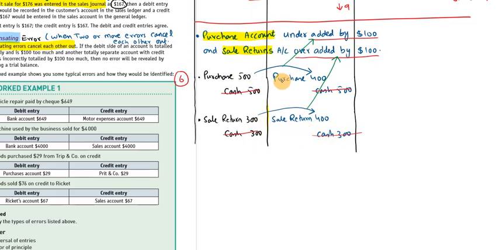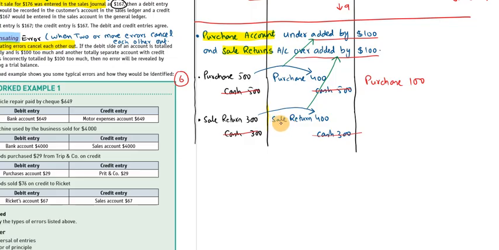So the error exists in the purchase. It means we wrongly recorded purchase less by 100. So here is a simple case. We will record purchase more by 100. So an increase in purchase means debit the purchase. And in sale return, we recorded sale return more by 100.